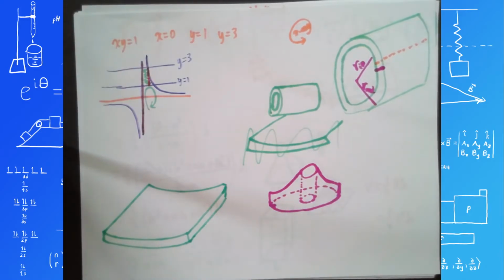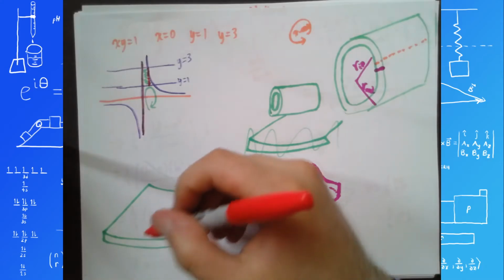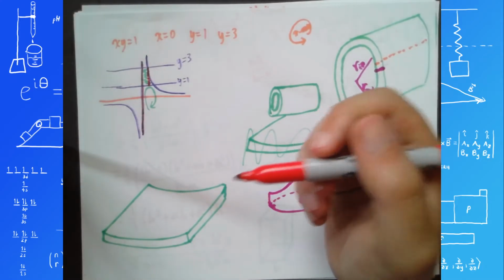And if you look at that, you can imagine being able to almost perfectly flatten it out. And if you do manage to perfectly flatten it out, then what you have is a rectangular prism.